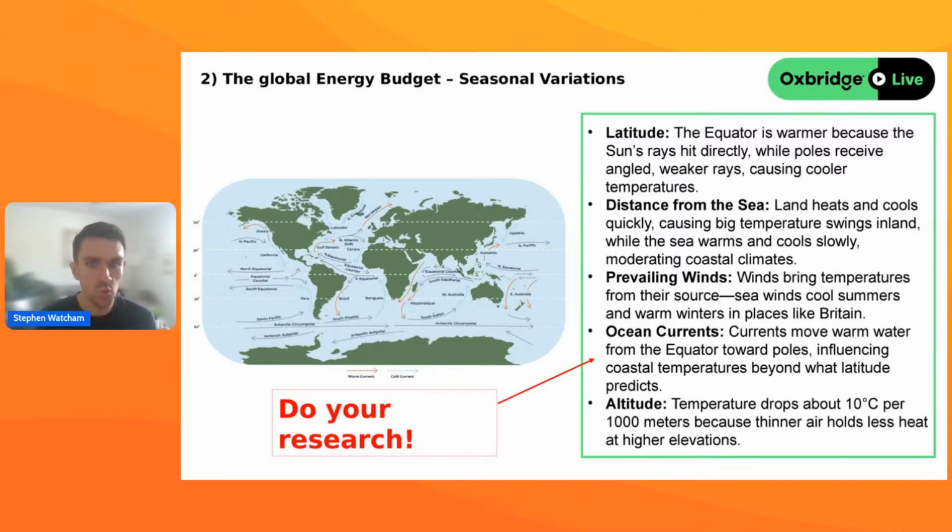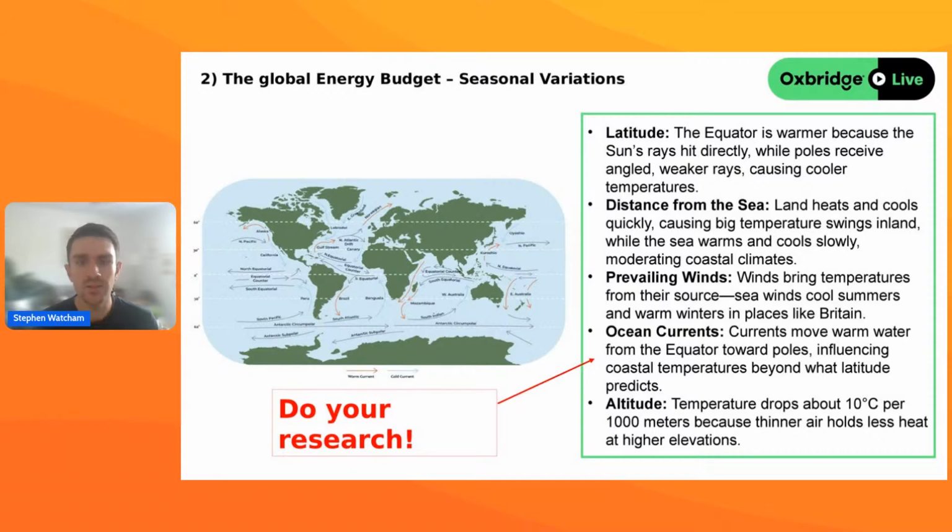What that means is we get really big swings in temperatures at our coasts that moves inland. So inland, you can get a lot more changes in temperatures, while at the sea, it usually warms and cools a bit slower. And so at the sea, you get a more constant, moderate coastal climate, whereas inland it can be a bit more turbulent.